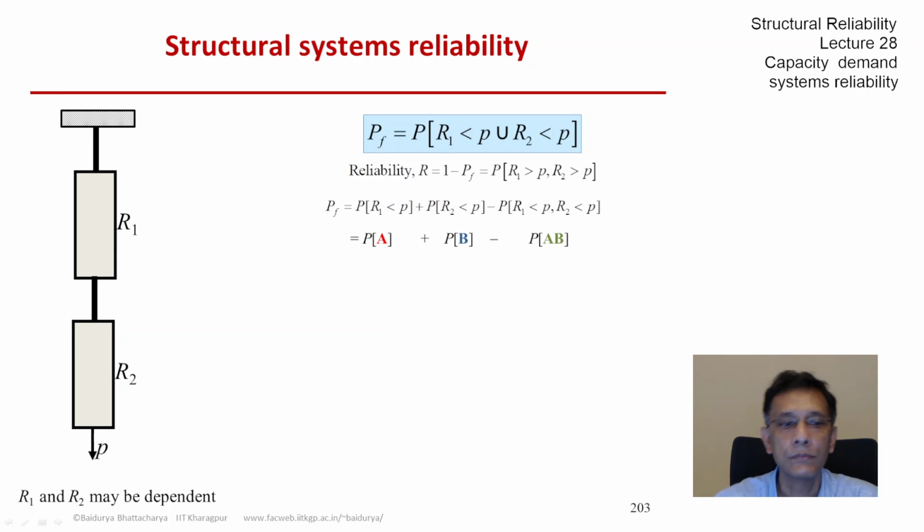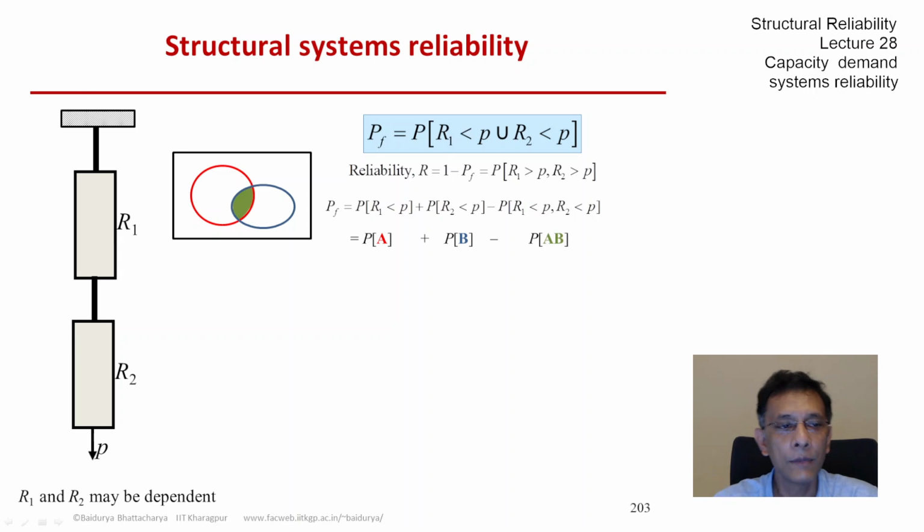So if we say it's PA plus PB minus PAB, because we are basically expressing P of A union B, in terms of the Venn diagram, the P of A is the red circle or oval, P of B is the blue oval, and P of AB is the green intersection that you see.